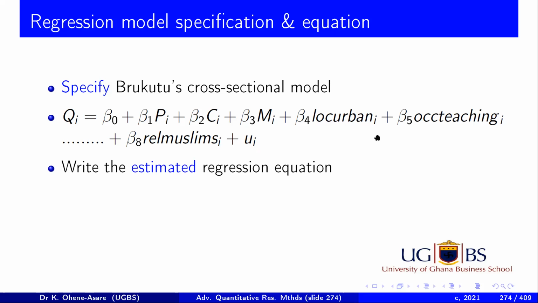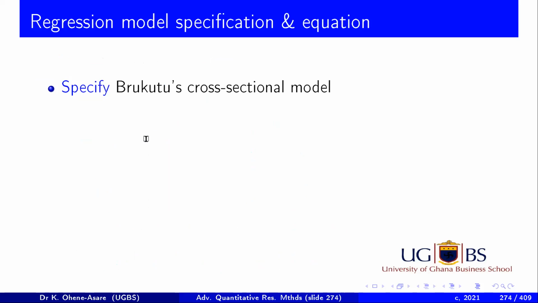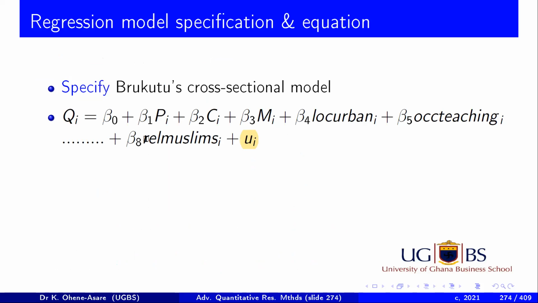The estimated regression equation. This is a classroom situation. If it was an estimated regression equation, you just go and take the coefficients and replace each beta parameter with the coefficient. So when we go up here, the numbers from each of these estimates will replace the various coefficients. The numbers must be documented when you are writing the coefficients.